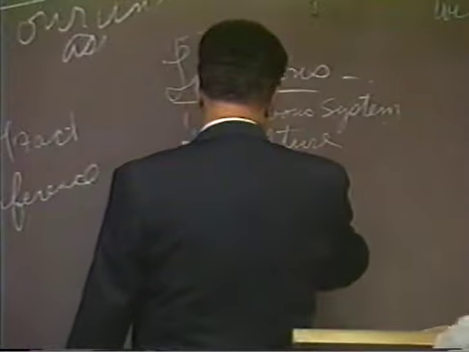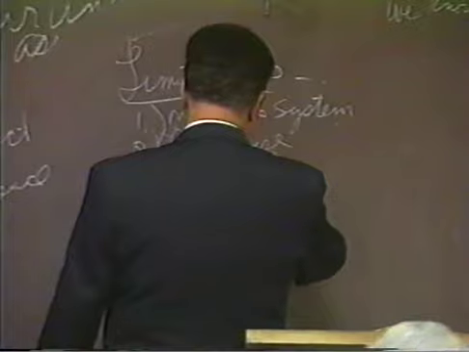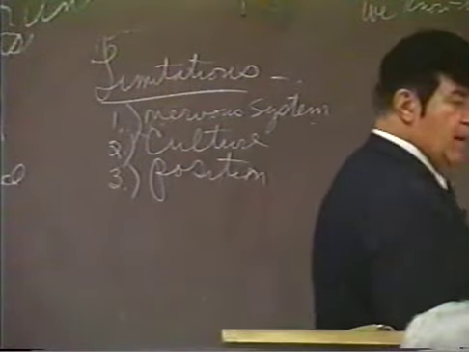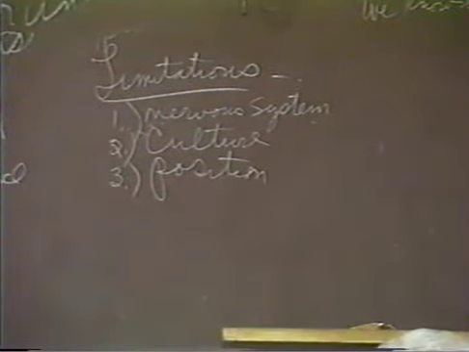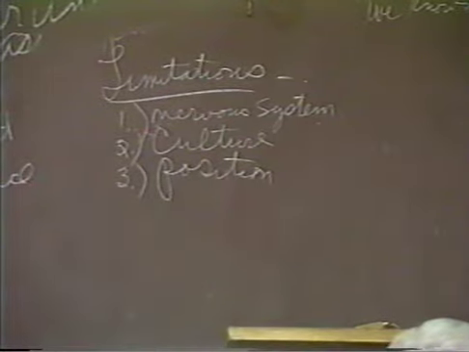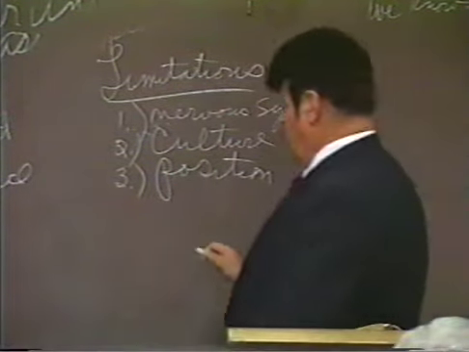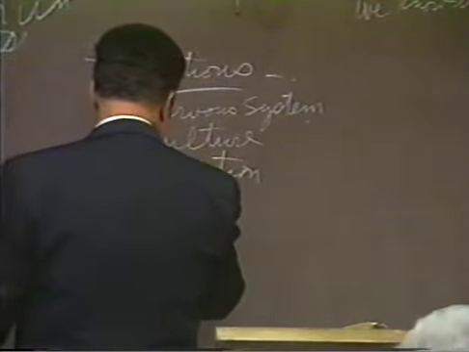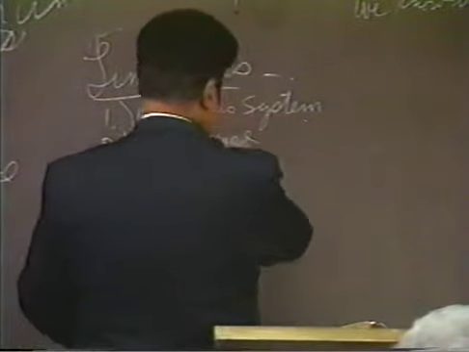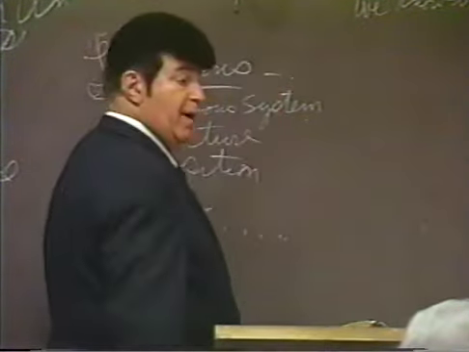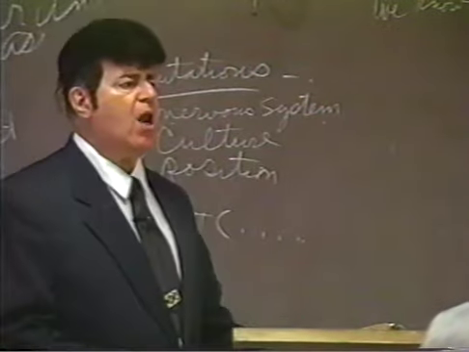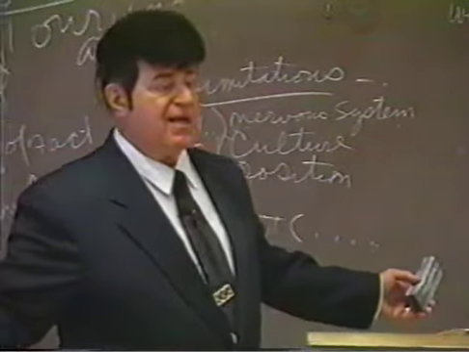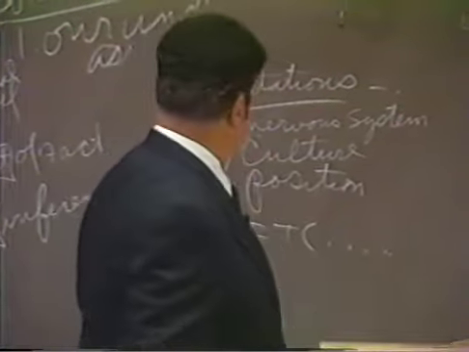Egocentrism, etc. Okay, there's a cultural limitation, nervous system limitation, position. You observe something from this point of view, you observe something from that point of view. We can go on and on. I've got many more in the book. But notice what happens when we have all of the variables involved limiting our acquaintance to things.